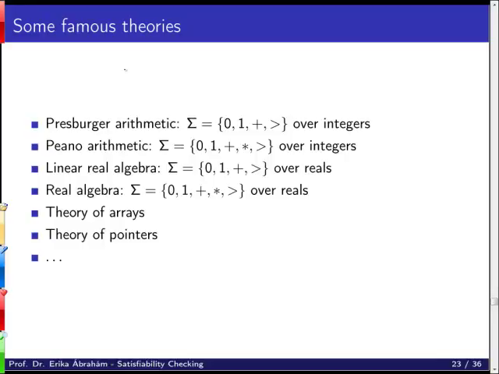Besides these four, there are further theories which we will not look at, like the theory of arrays or the theory of pointers. If we have some time, then we will have a not so deep insight into these areas. But first we will look at theories containing numbers.